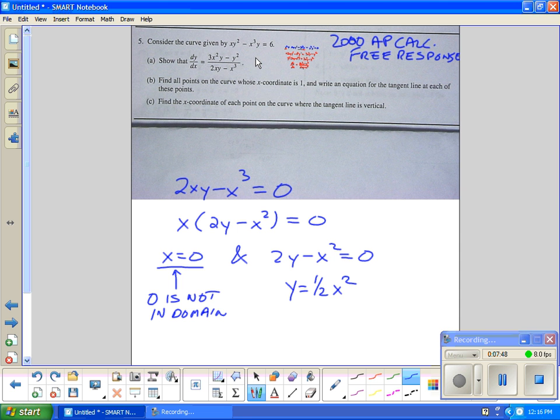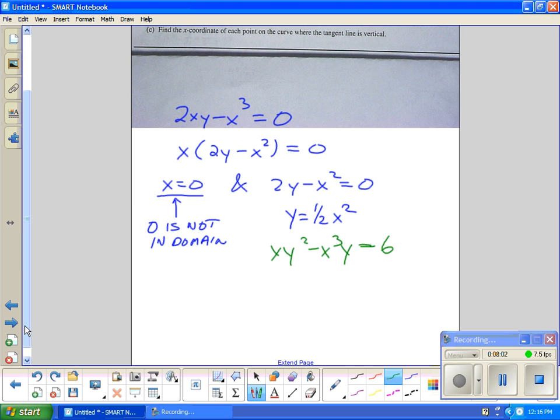All right. But when we have y equals 1/2 x squared, we're going to have to go back to the original function, which I write here in green. And look how pretty this is going to be. They make these pretty on purpose. I'm going to plug in 1/2 x squared for y. Just a substitution.